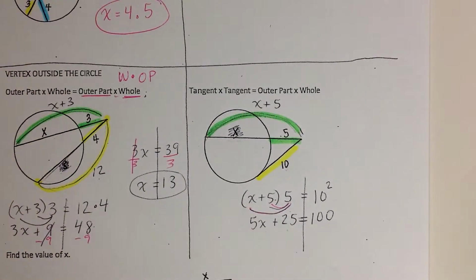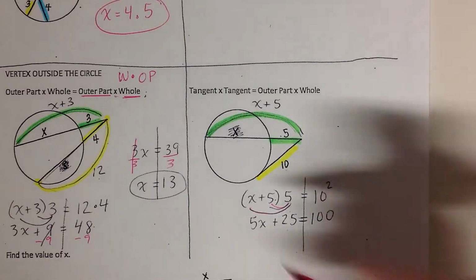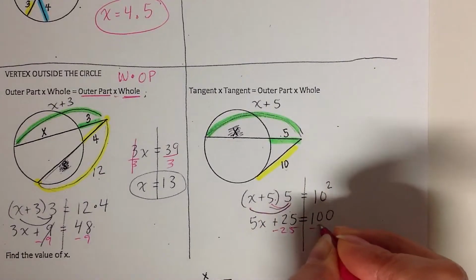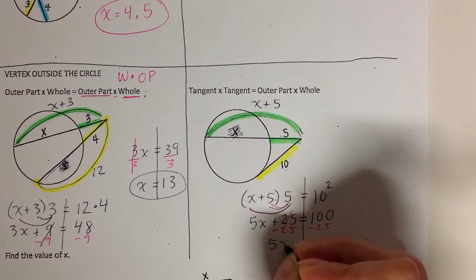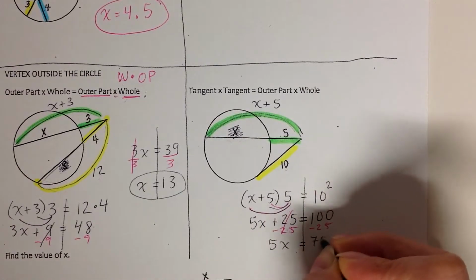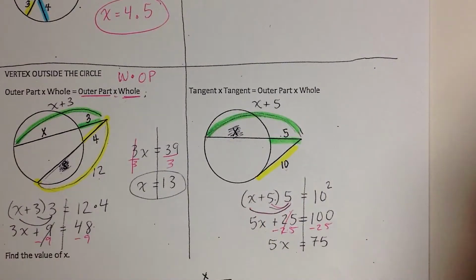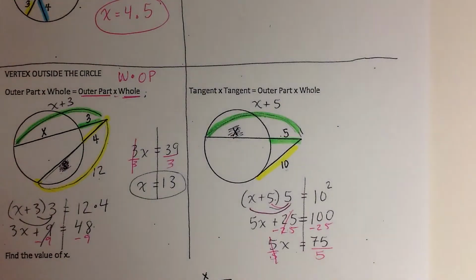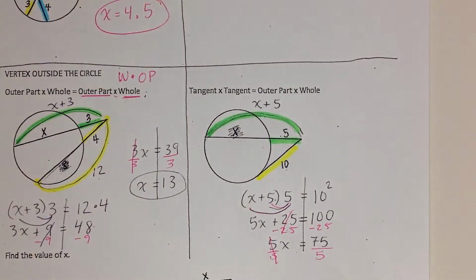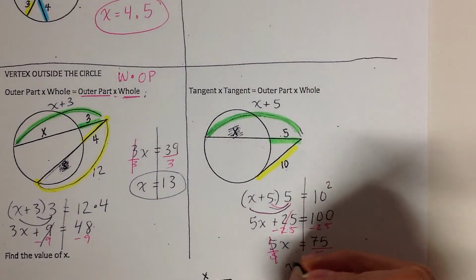Now I want to get x alone, so I'm going to subtract 25. The opposite of multiplication is divide, so I'm going to get 15. x equals 15.